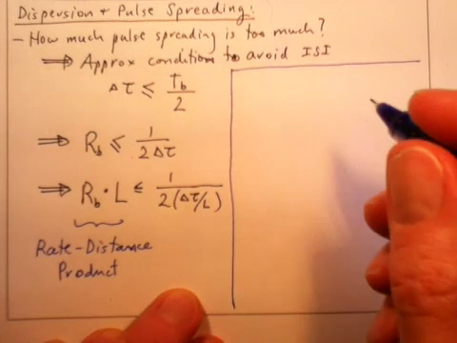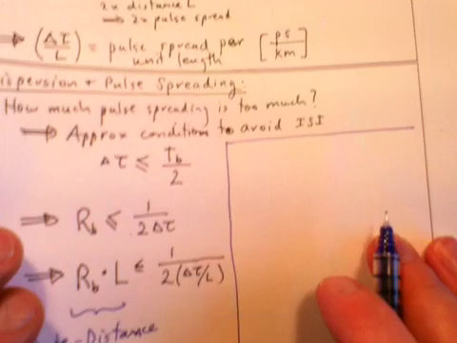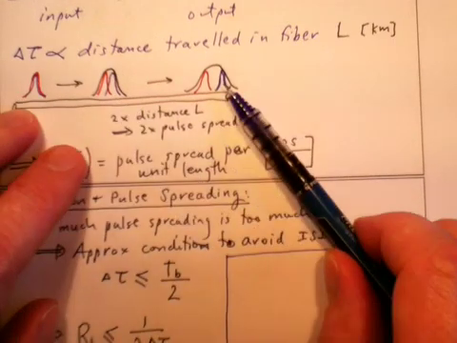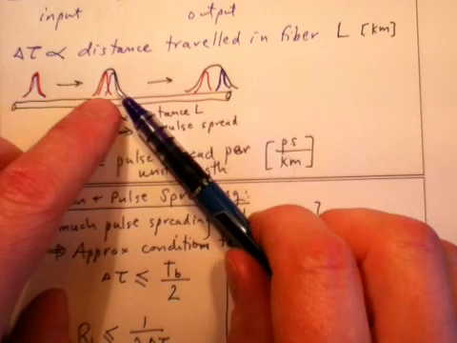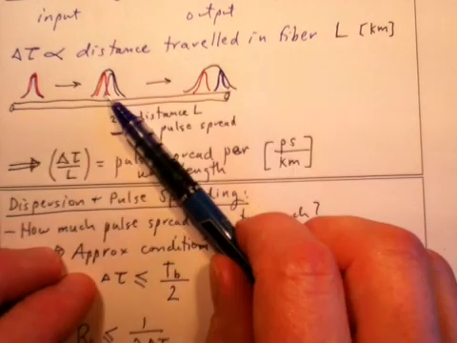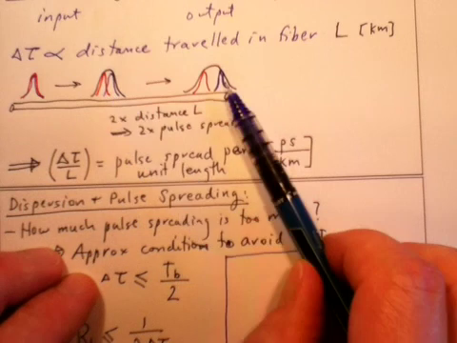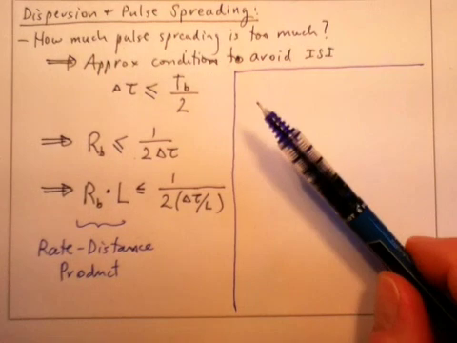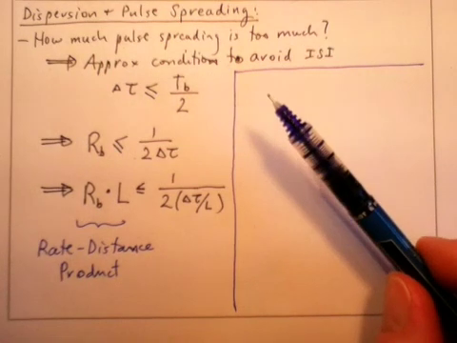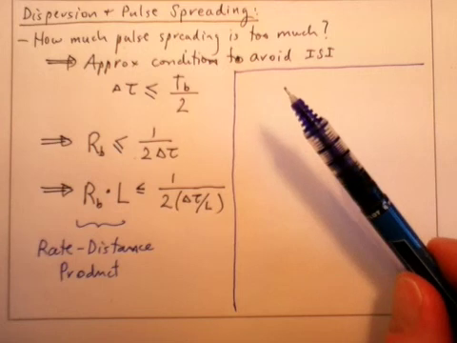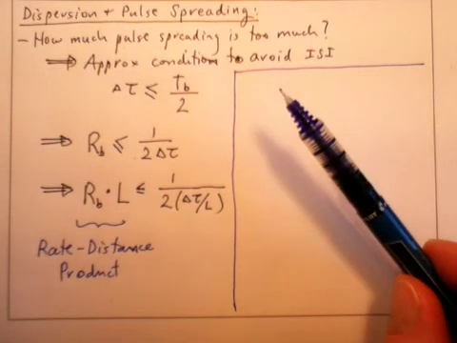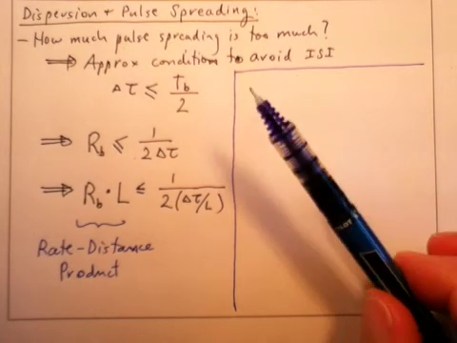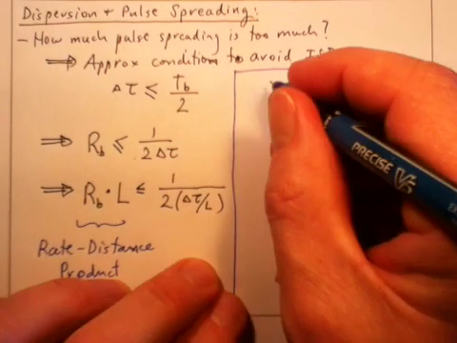And the important thing to remember here is that even though this picture of twice the distance giving twice the pulse spread, thinking of the two spectral components going at different speeds, is a very nice picture to have in our heads, we cannot simply apply that picture to calculate pulse spreading. It just doesn't work, and it's tied up with the fact that we've got a group velocity with our pulses, and it's much more than we're going to do in this course.